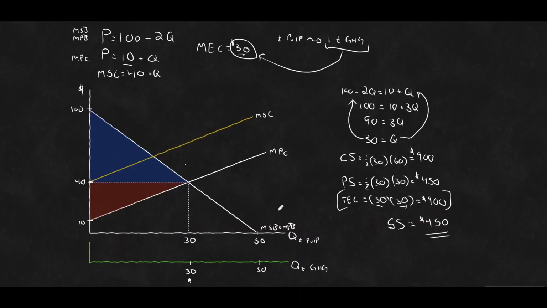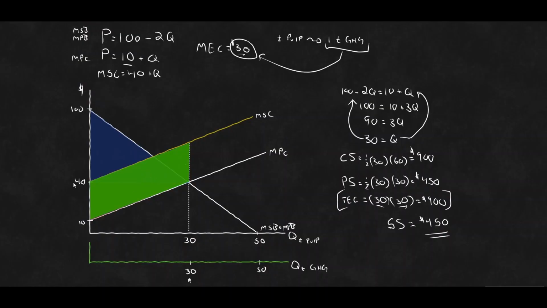Okay, where was our pollution in this case? That's why we were doing this. Well, our pollution is going to be the difference between the social cost and the private cost, all the way up to the quantity produced. That is going to be the size of our pollution that was unaccounted for in our cost of production. And that would give us this area here.